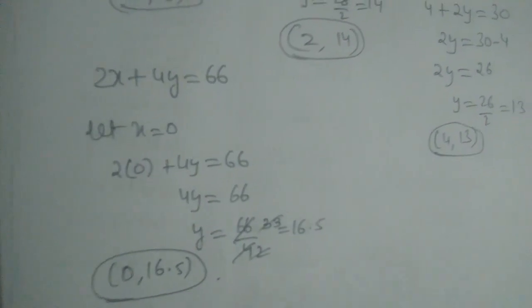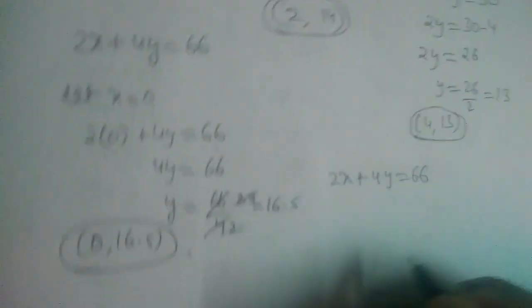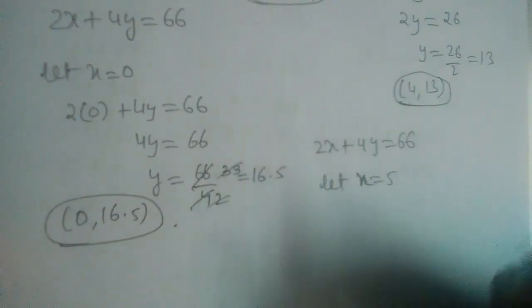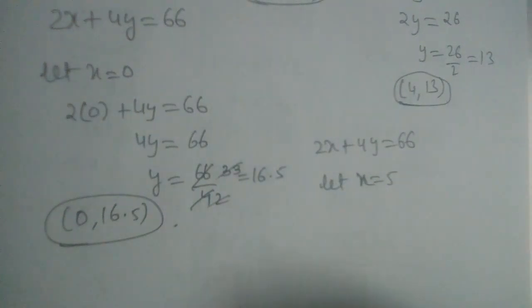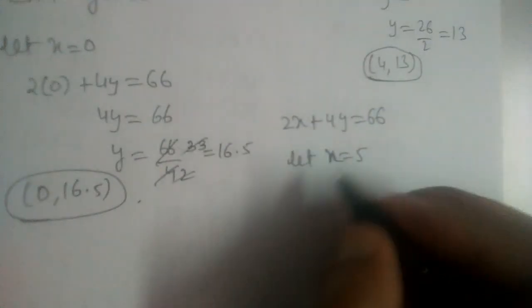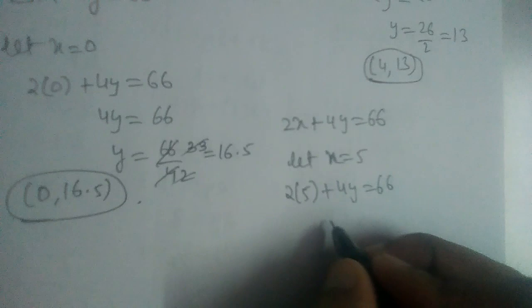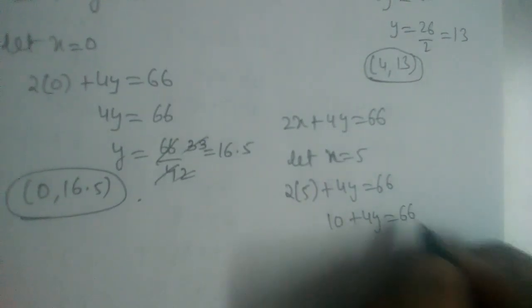Yes, we can. Okay, now let us write the equation again. Now let us substitute x is equal to 5. See, it is up to us. We can substitute x is equal to 1, 2, 3, 4, 5, 10, anything, right? So let x is equal to 5. So this is 2 into 5 plus 4y is equal to 66. So 2 5s are 10 plus 4y is equal to 66.